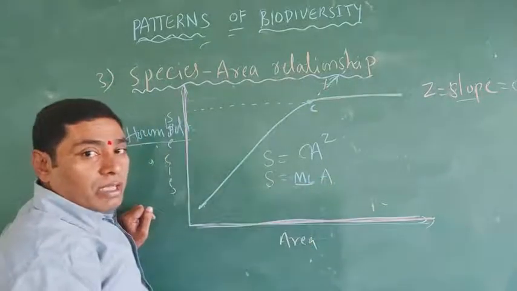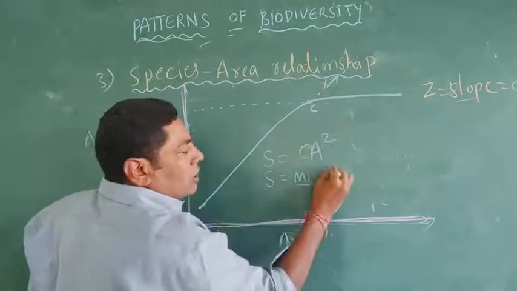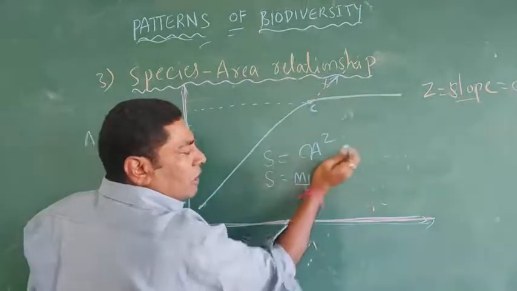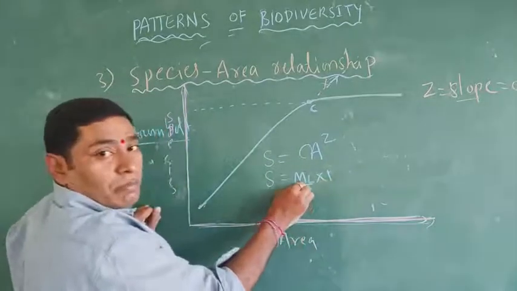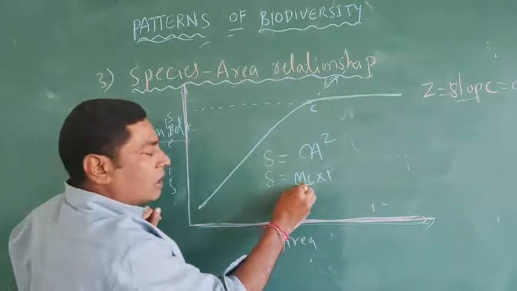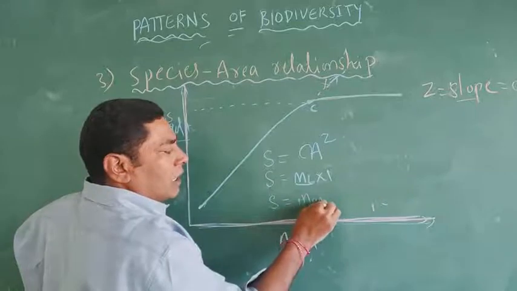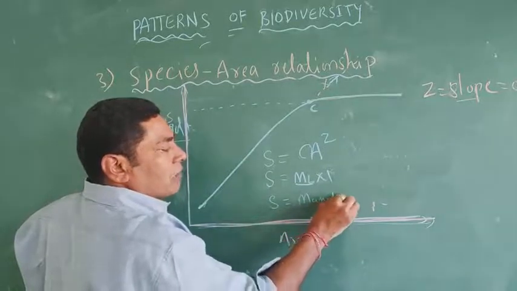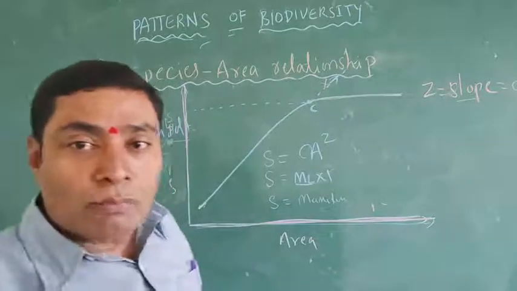A means area, z means slope, in here 0. A to the power of 0 is equal to 1. So 1 times the maximum speciation at the limit of the speciation. So it means the speciation is at a maximum limit level according to Alexander von Humboldt.